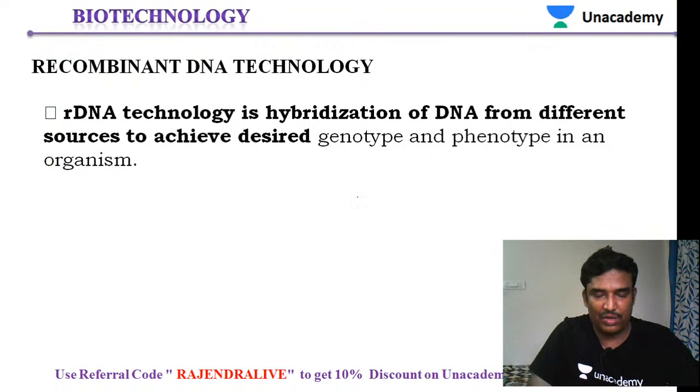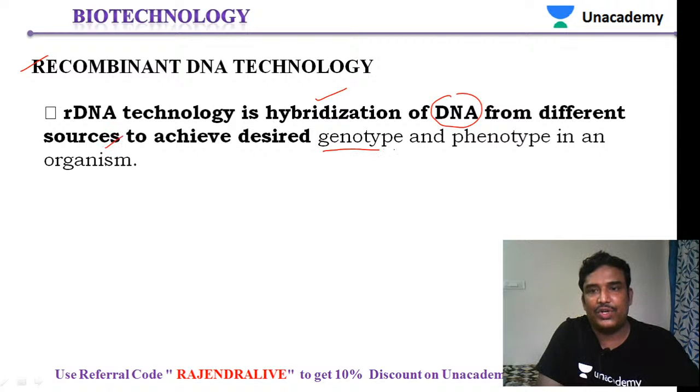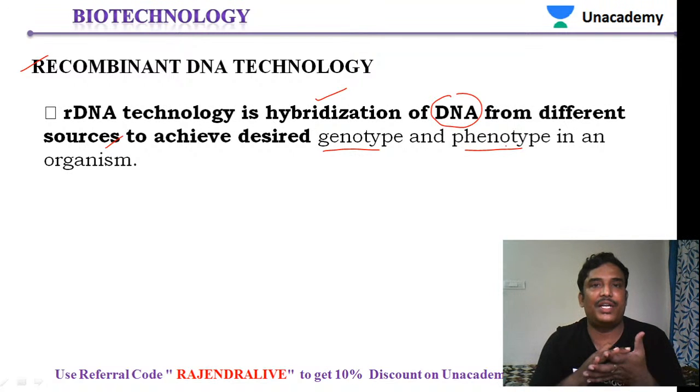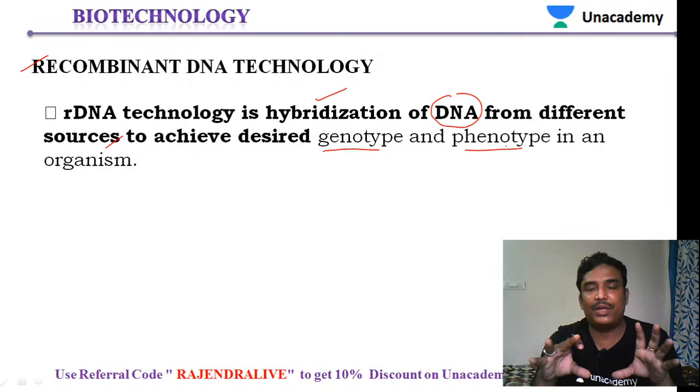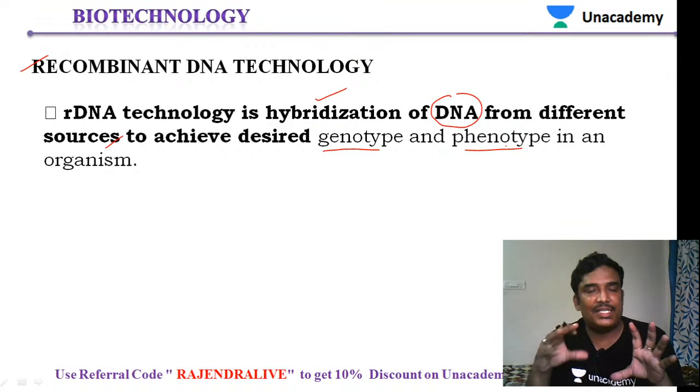Okay, so let us define recombinant DNA technology. Recombinant DNA technology is hybridization of DNA from different sources to achieve the desired genotype and phenotype of an organism. The main aim is to achieve the desired genotype.